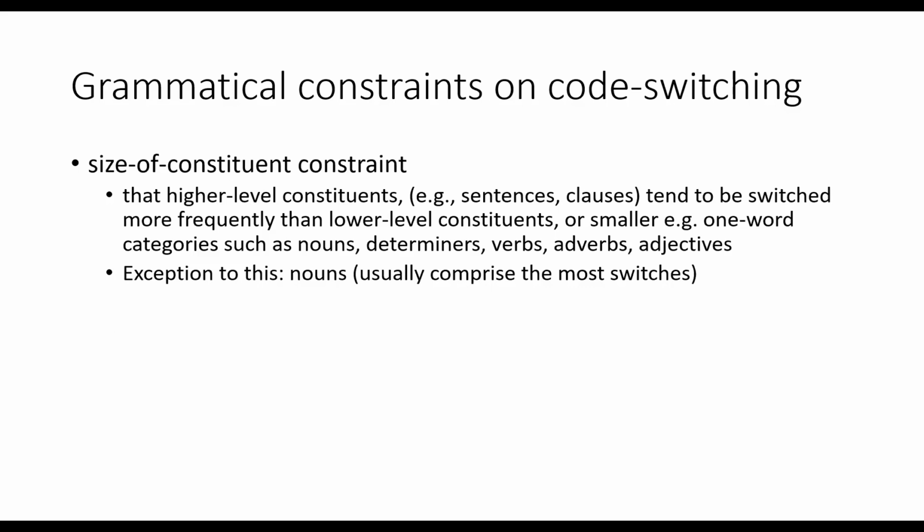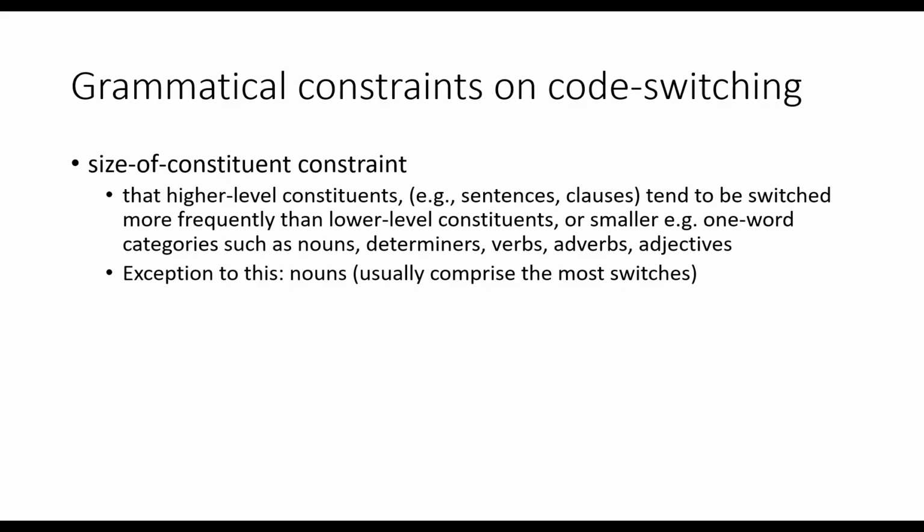The other grammatical constraint on code switching would be what we call the size of the constituent constraint. And that means that higher level constituents, so sentences and clauses, tend to be switched more frequently than lower level constituents.